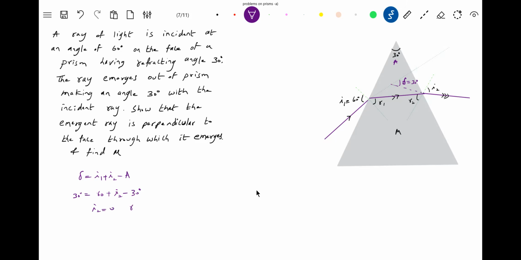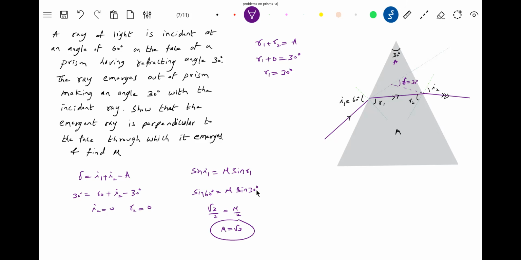I2 is 0, so R2 is 0. Sine I1 equal to mu sine R1. We know R1 plus R2 is equal to A, R2 is 0 and A is 30 degrees, so R1 is 30 degrees. Sine 60 equal to mu sine 30. So this will be the mu of the prism.